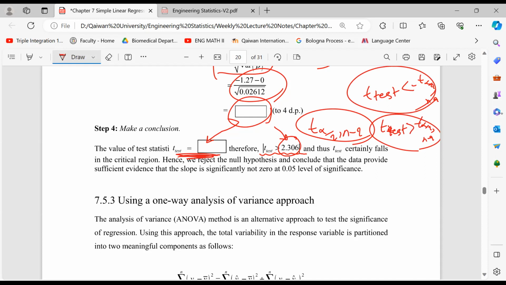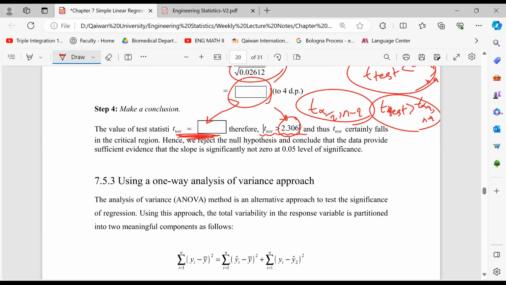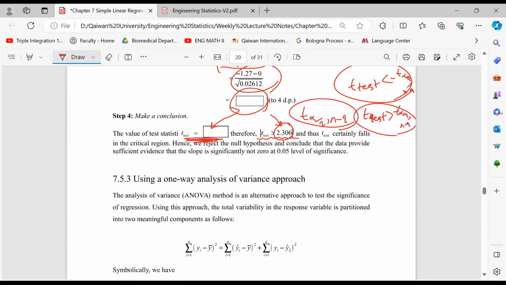If not, we fail to reject. So the fourth step is making the decision or conclusion. In step 4, we just say we either reject H naught or not.